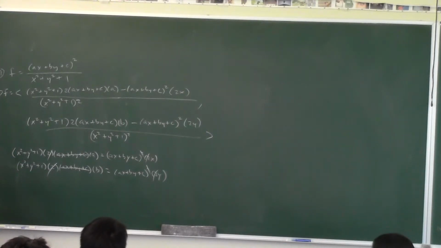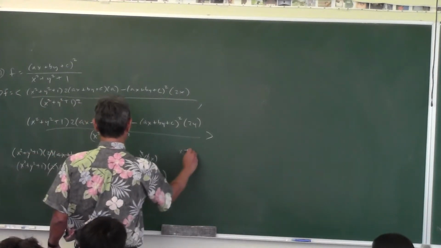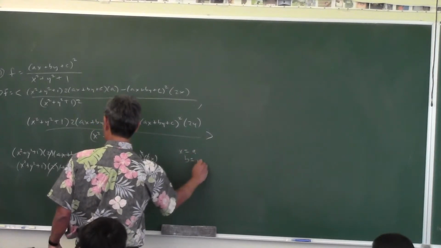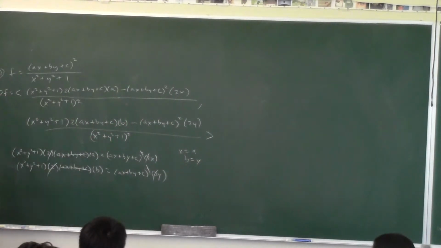If a is x and c equals 1, then x equals a, y equals b, and x all equals one. Easy, but is it right? See, we don't have to do the work.